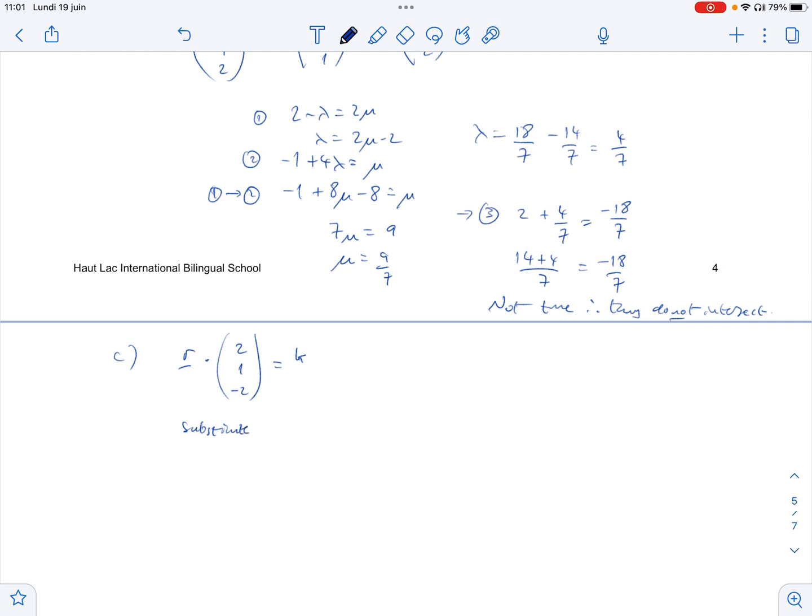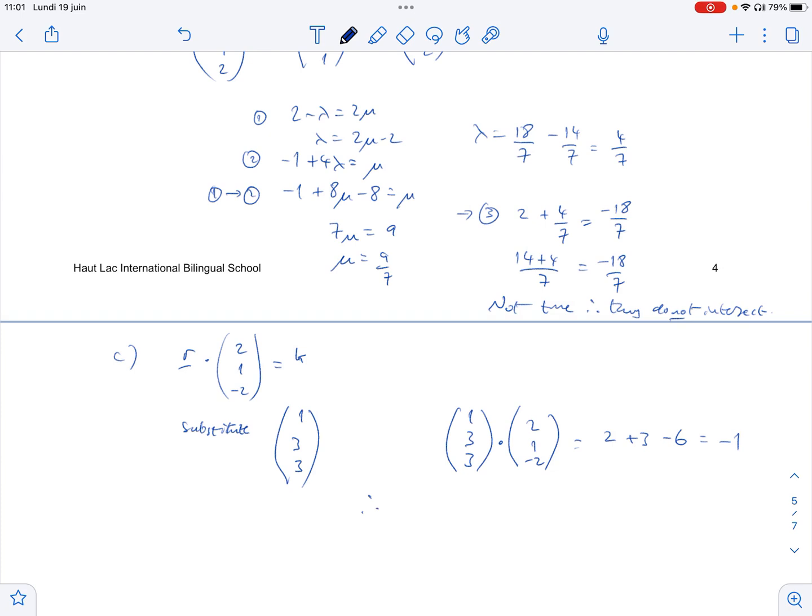Substitute. It needs to go through C, so substitute 1, 3, 3, and we get 1, 3, 3 dotted with 2, 1, negative 2 equals 2 plus 3 subtract 6 equals negative 1.